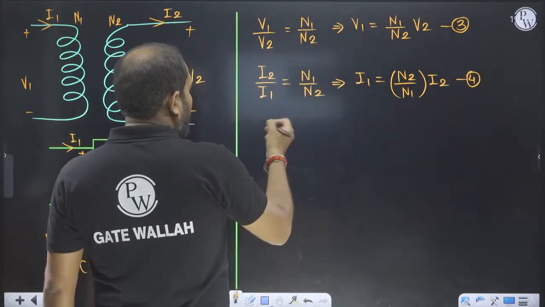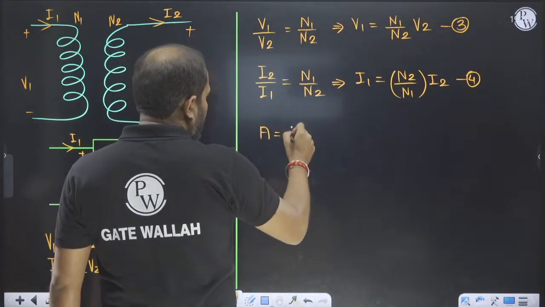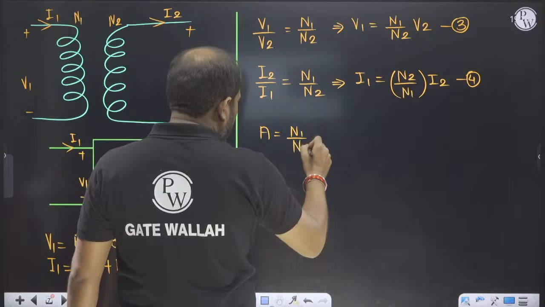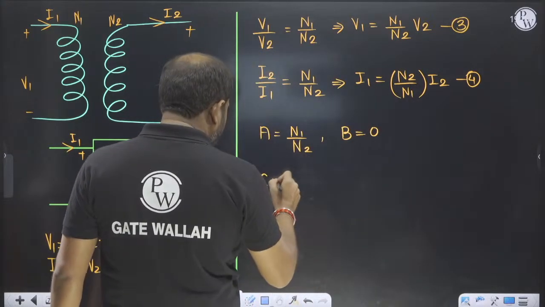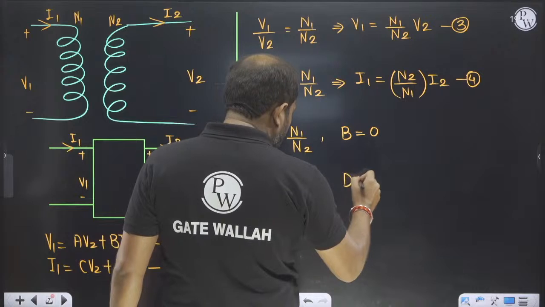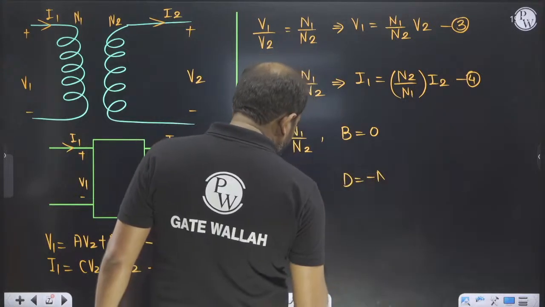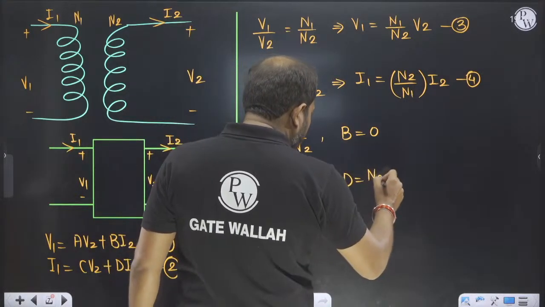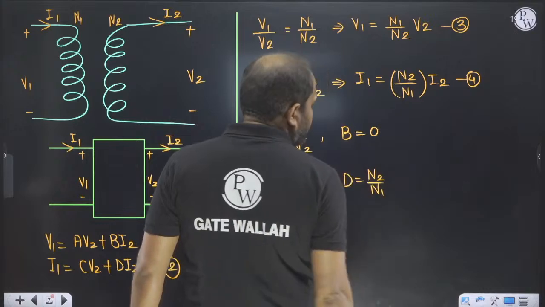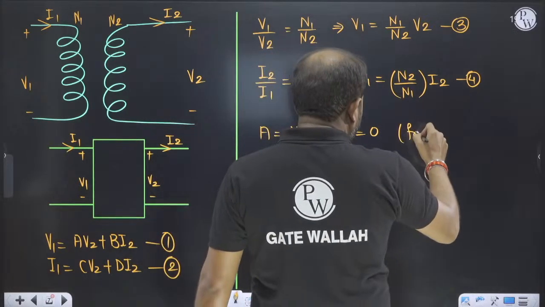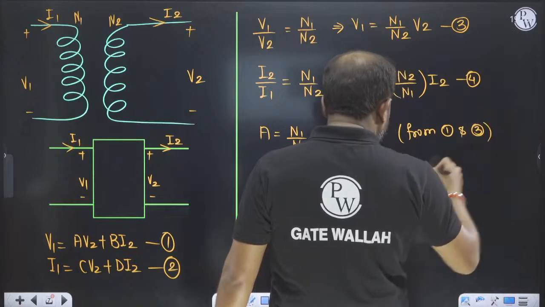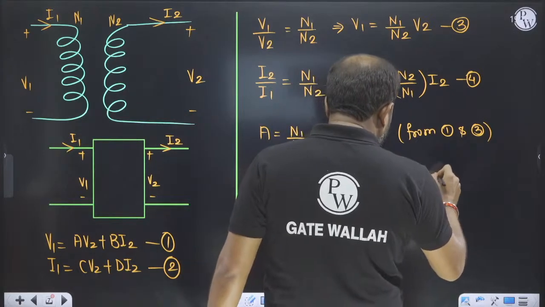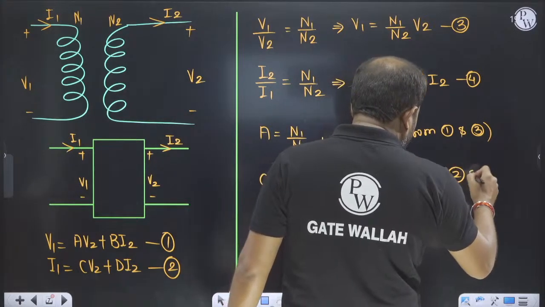So A is equal to N1 by N2 and B is equal to 0. C is equal to 0. D is equal to N2 by N1. This is from the first and third, and this is from the second and fourth.